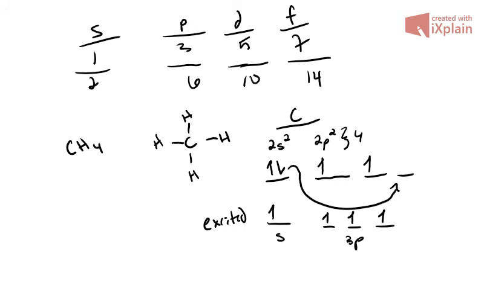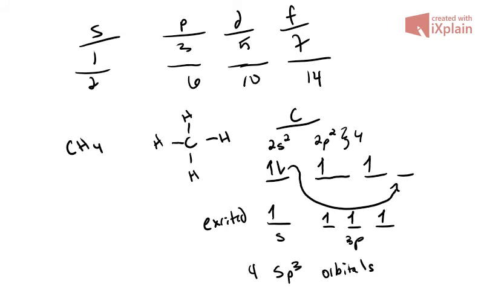And then when it gets ready to make a bond with each one of these hydrogens, it is using these changed orbitals to form sp3 orbitals. It combines the 1 s orbital and 3 p orbitals to form 4 sp3 orbitals.